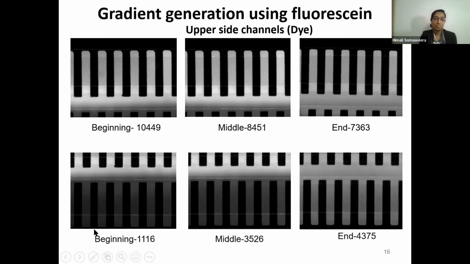The opposite happens for the lower side channel. At the beginning you have a lower value, and as a function of distance it gives a higher intensity value. So initially you have a higher concentration that keeps decreasing for the upper side channel, and keeps increasing for the lower side channel. We have 256 different concentrations created at the same time in a single experiment.